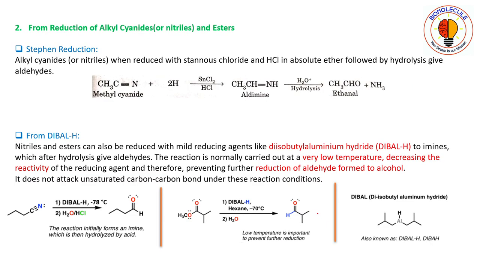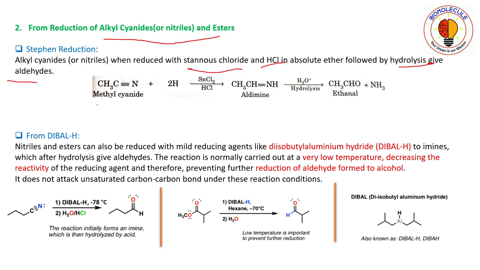Now the second one is from the reduction of alkyl cyanides or nitriles, and esters. The first reaction is the Stephen reaction. Alkyl cyanides or nitriles, when reduced with stannous chloride and HCl in absolute ether, followed by acidic hydrolysis, give us aldehydes.